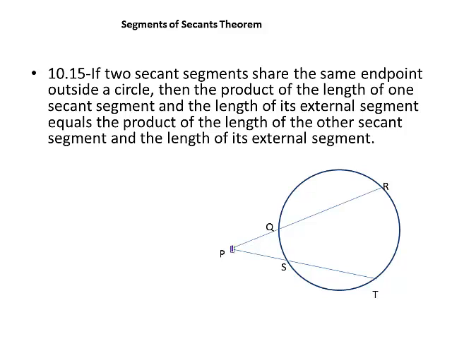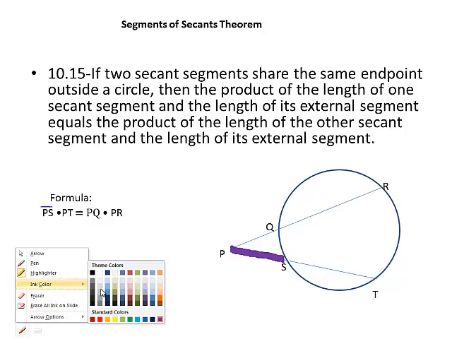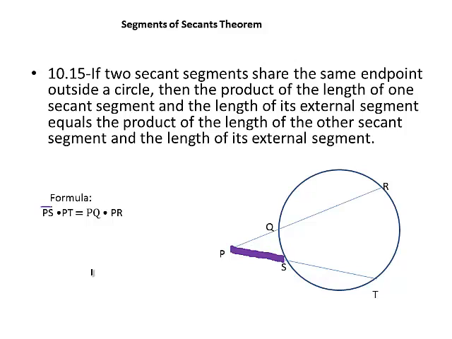It's kind of a mouthful, but what you need to remember is the PS length, the external segment. So you have PS's length, which is the purple, and then you have to do the entire segment length of that secant line. So the entire segment length of the secant line is going to be PT. And what a lot of people do is they do PS times ST because they relate it to the chords.